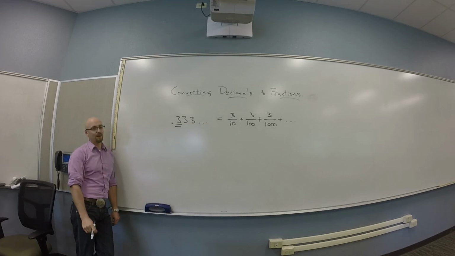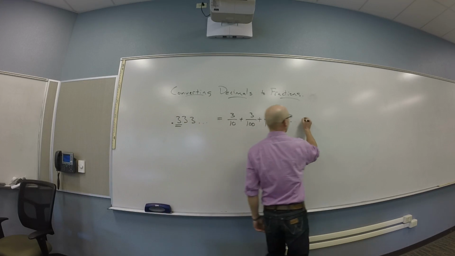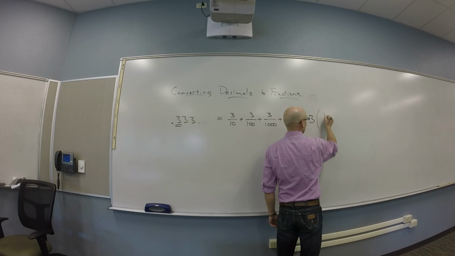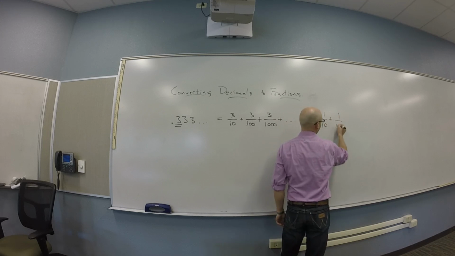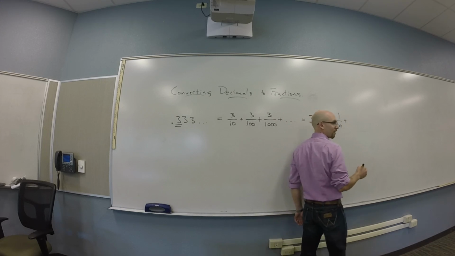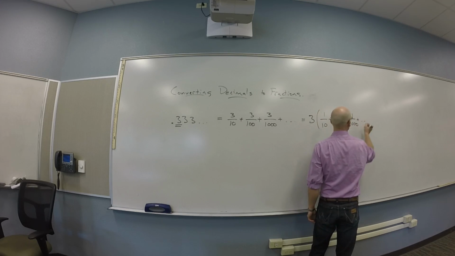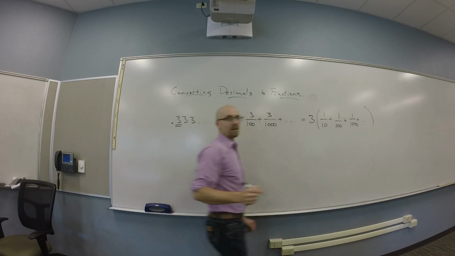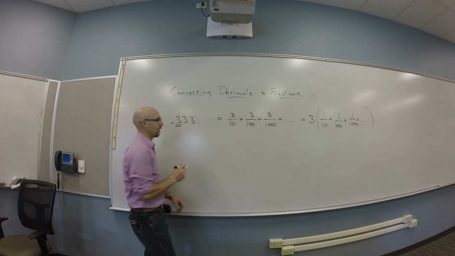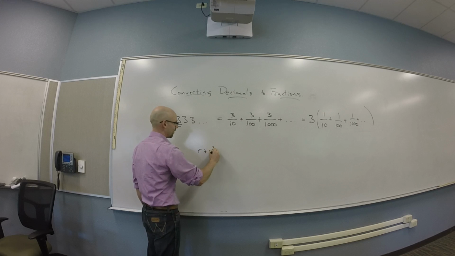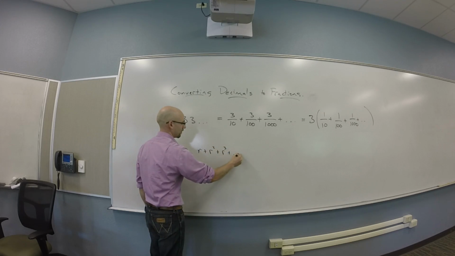So, how do I get this to sum geometrically? What's the geometric sequence happening here? The denominator is multiplied by 10. Yeah, so think about this as 3 times (1/10 + 1/100 + 1/1,000 + 1/10,000, and so forth), right? Then we use our formula for r + r² + r³ and so forth.